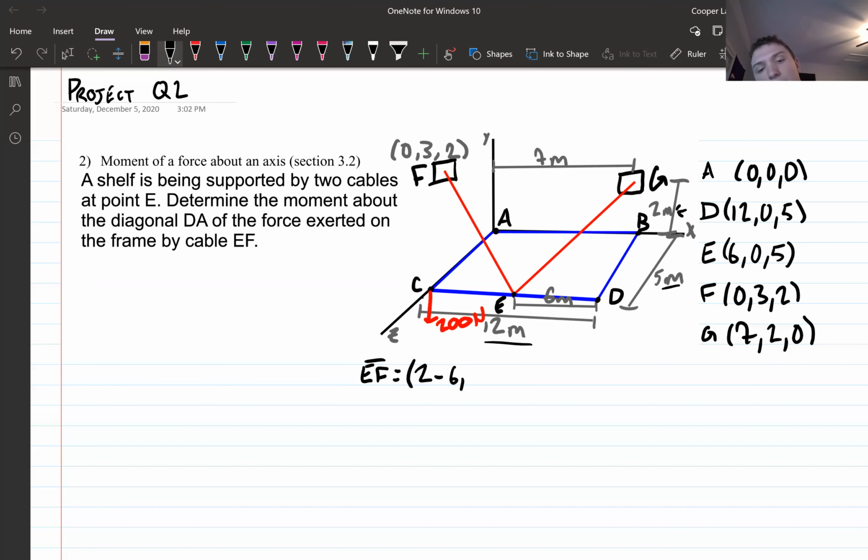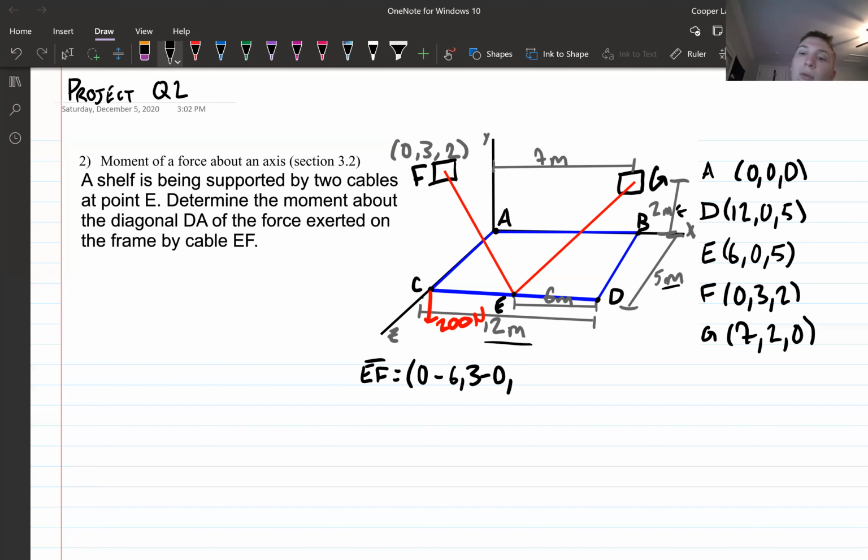sorry. My bad on that one. It's not 2. I was thinking of the wrong thing. F is 0 in the X, so that means it's 0 minus 6. Then we go on to the y-axis. Here, F is at 3, while E doesn't have any direction in the y, so that would be 3 minus 0.